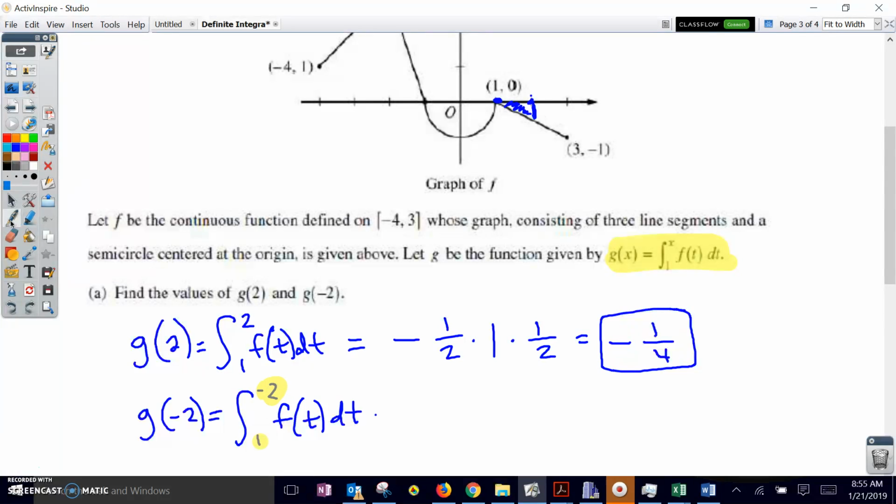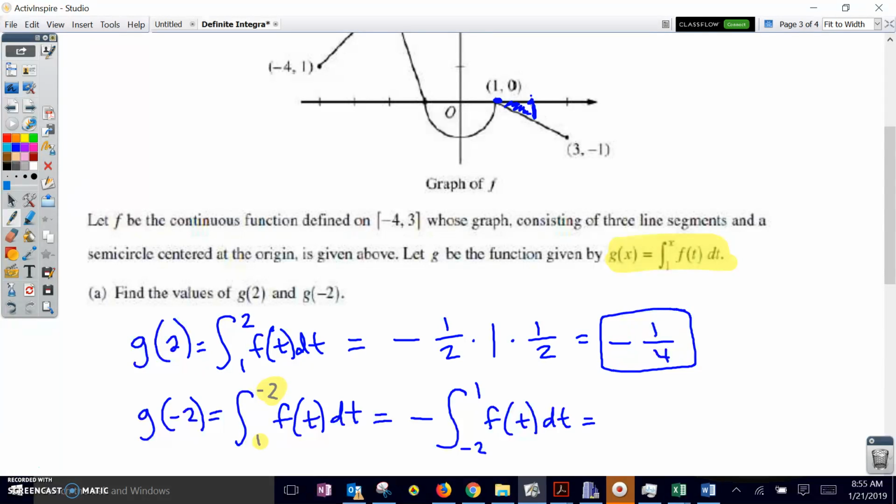One of the integral properties that we've talked about is that we can just pull a negative sign out in front of that integral and switch the limits of integration. So this is going to be equal to the opposite of the integral from -2 to 1 of f of t dt. And so now I'm going to calculate the area of that.